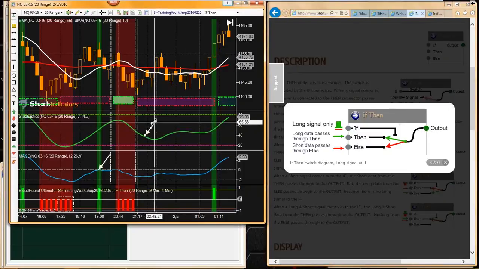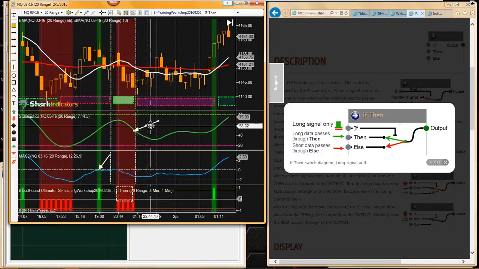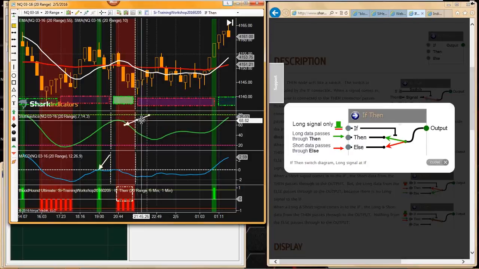So in other words, it's taking long signals from the stochastics solver, right? But the stochastic solver doesn't have any longs because it's not overbought, right? It's in this neutral area, so that's why there's no long signals here, because our stochastic didn't give us any long signals here.